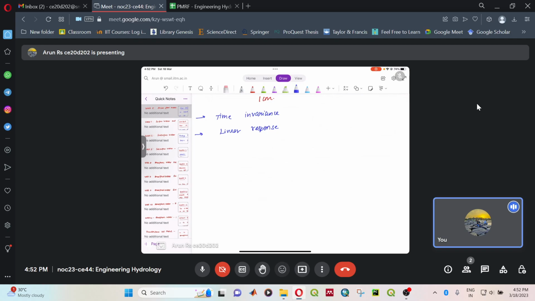Any change in the input is reflected proportionately in the output, which is the DRH. So here we have the principle of superposition and the principle of proportionality.